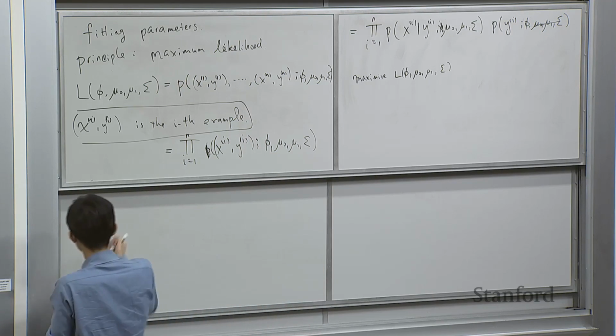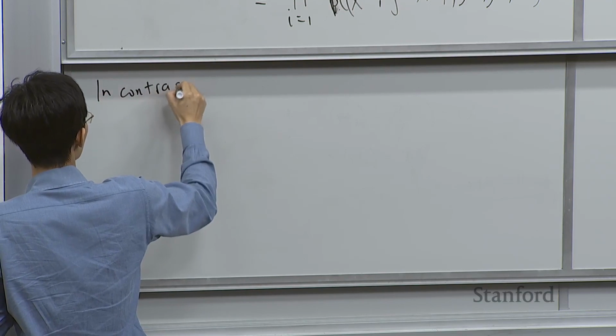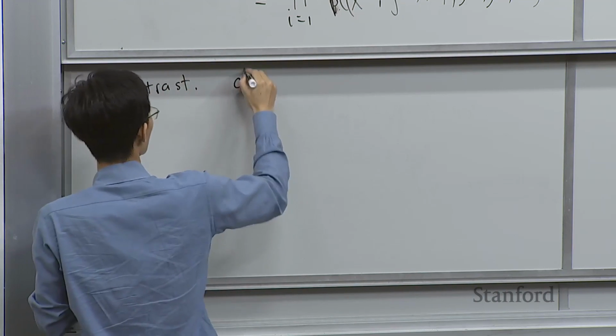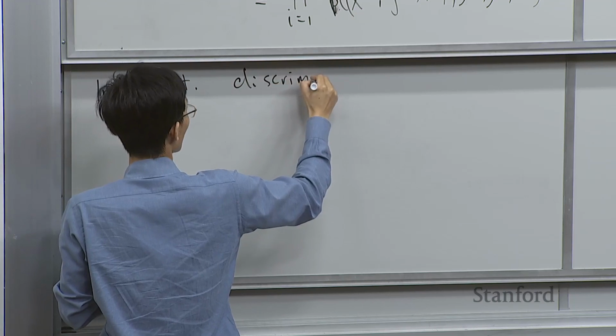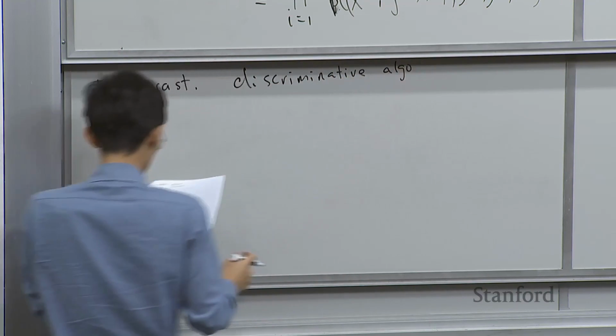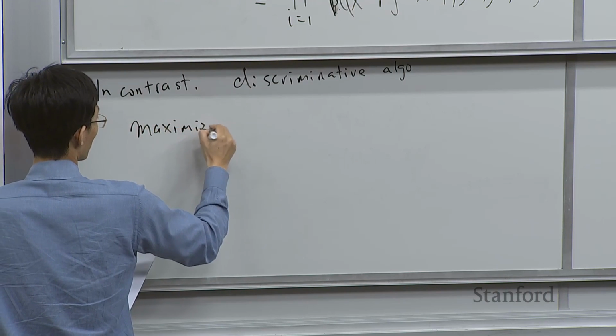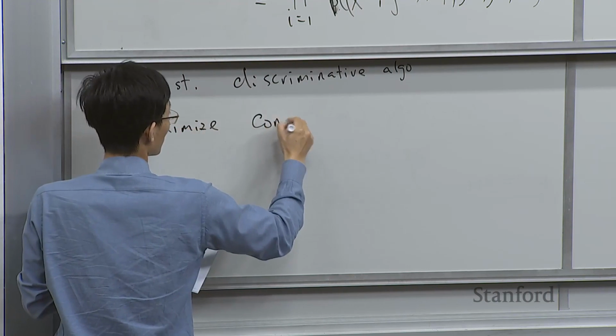But for discriminative algorithms, what you do instead is that you are maximizing the so-called conditional likelihood.